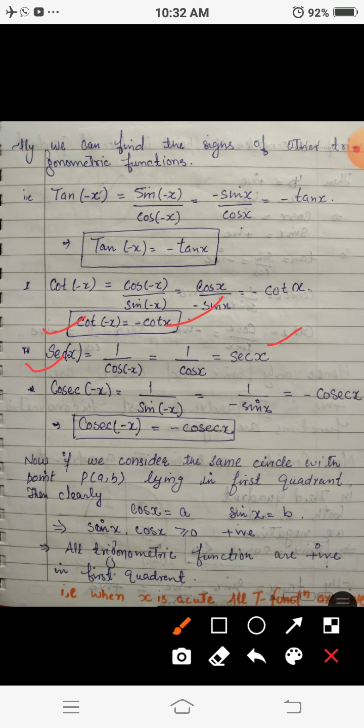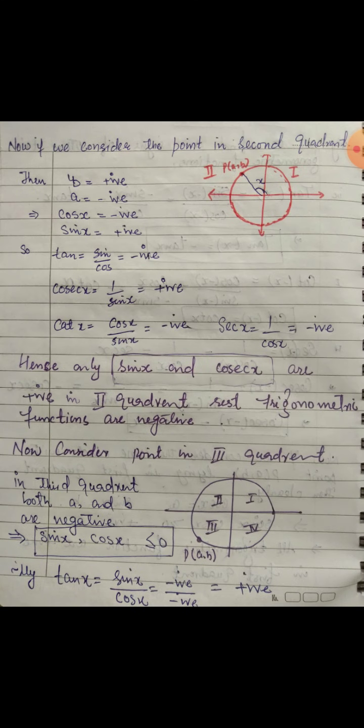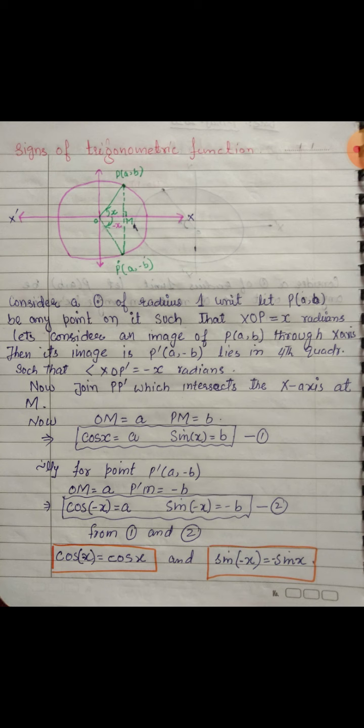Now if we consider the point P(a, b) as a point in the first quadrant, the x-axis and y-axis divide the circle into 4 equal parts, that is, 4 quadrants.